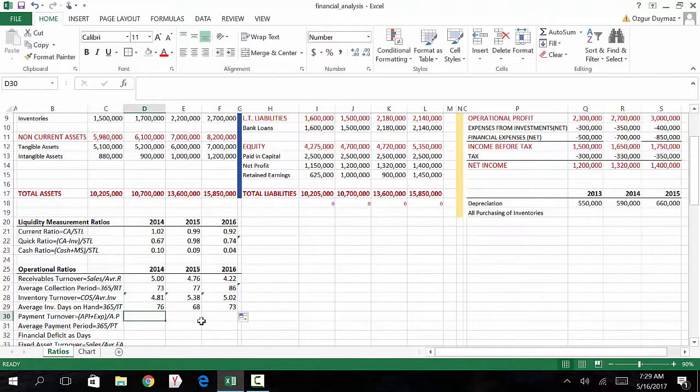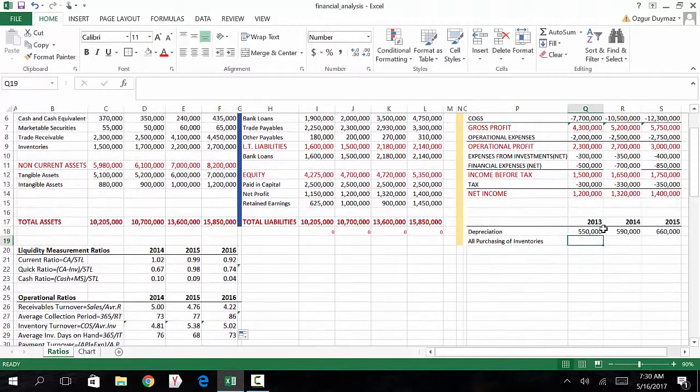Payables turnover. First of all, we should calculate all purchases of inventory, then purchases divided by average payables. To calculate purchases of inventory, I have to do something.